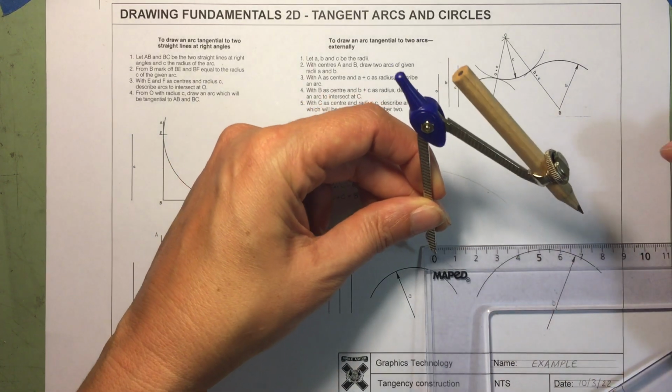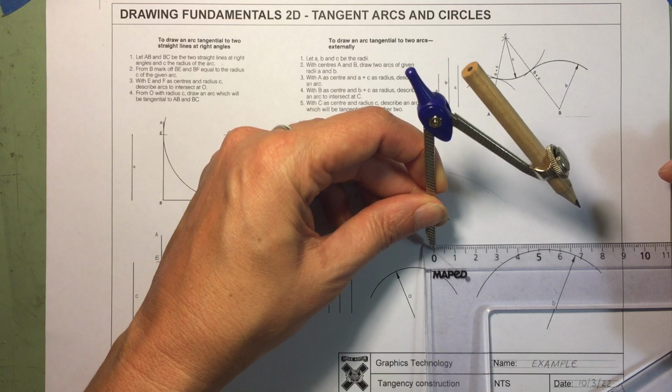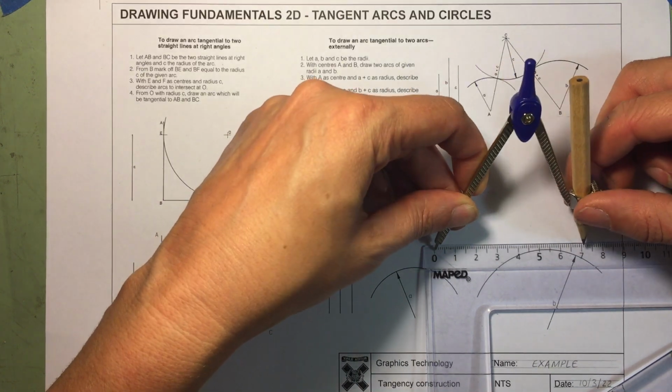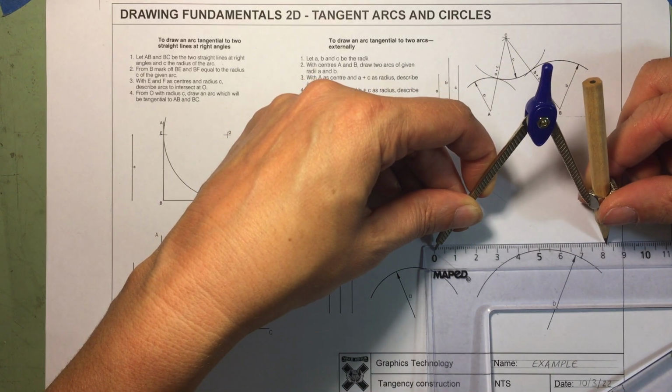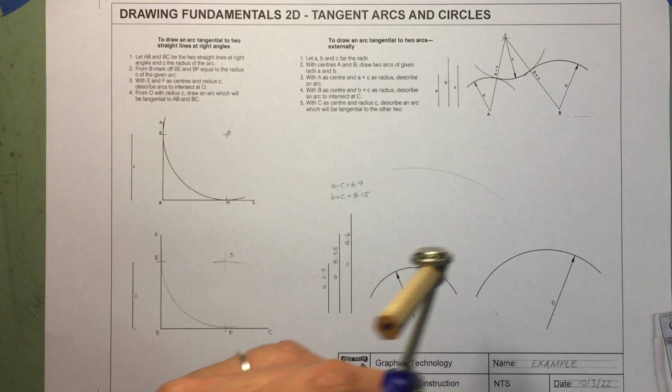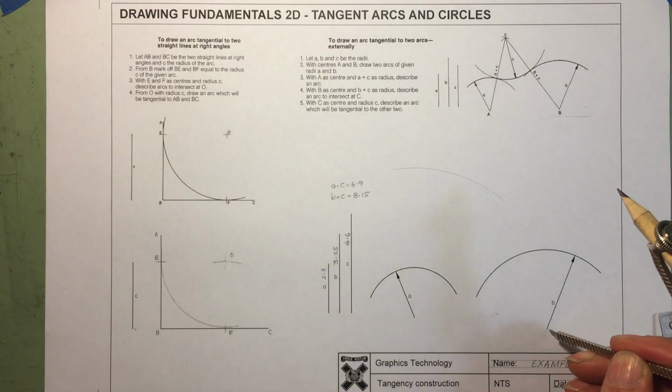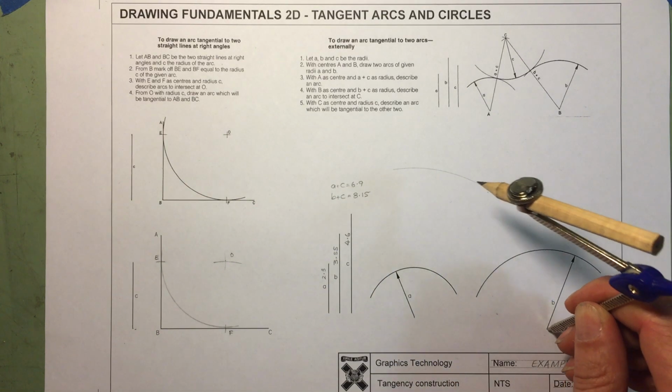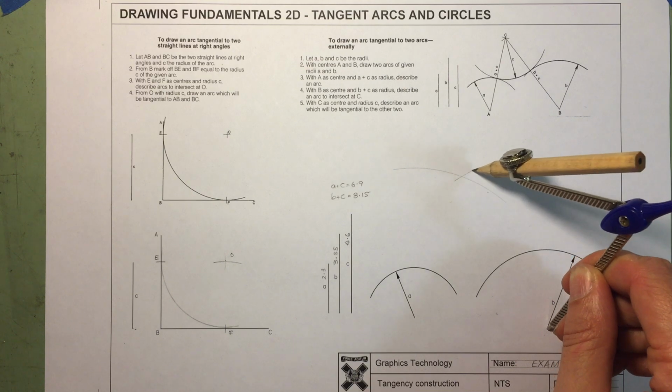So we set our compass again on 0, set this to 8.15, getting it as close to accurate as possible. Okay, there we are. Now I'm going to set this as my center point and do my arc.